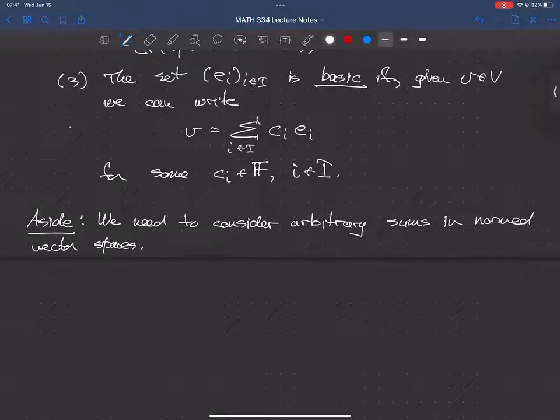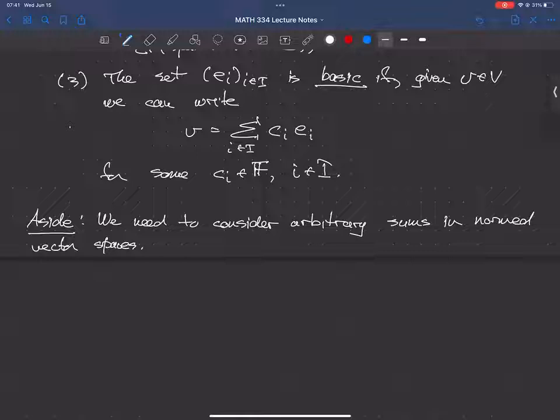All right, and so we have already notions of sums, countable sums.